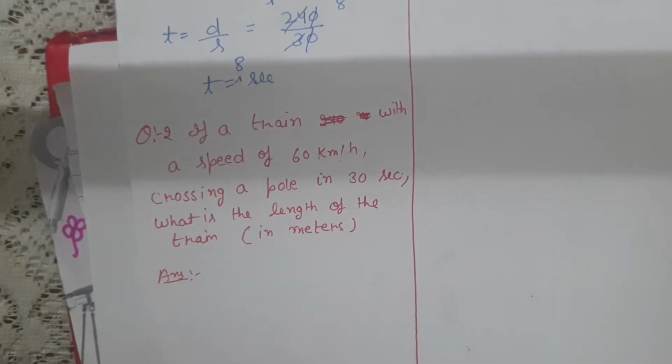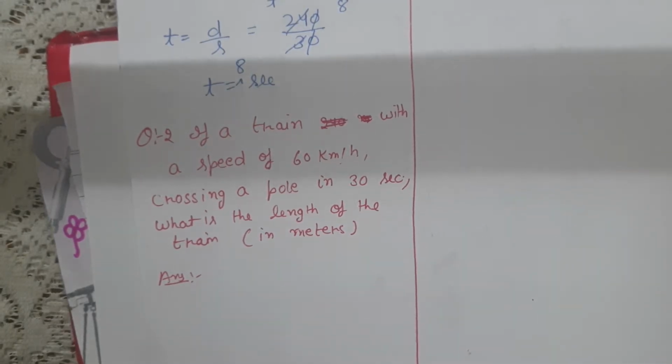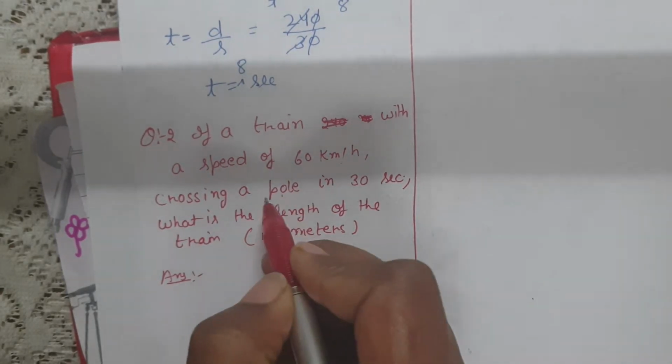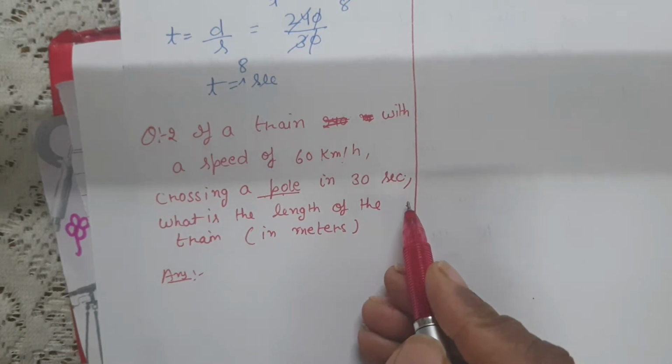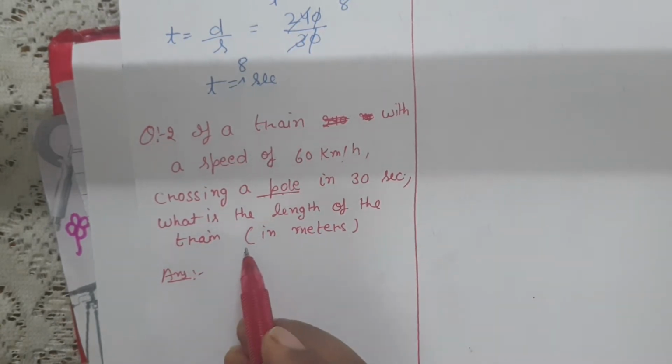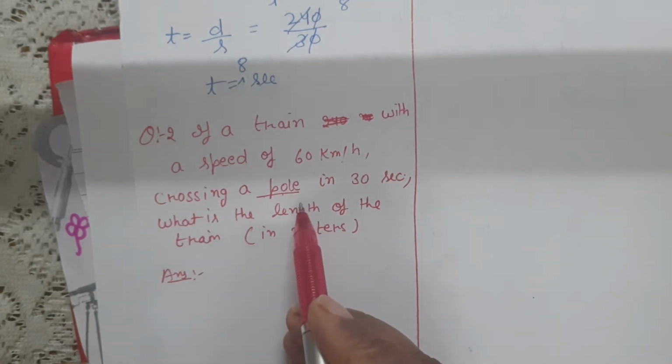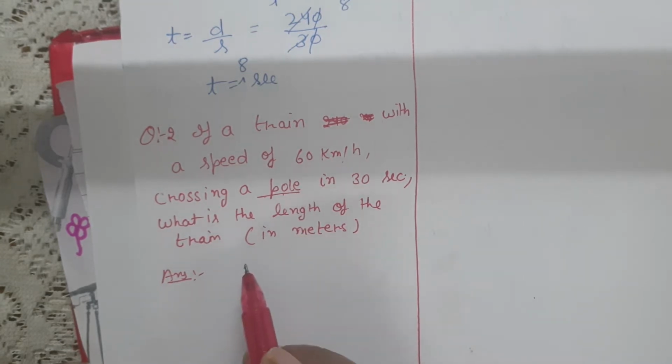Question number 2: a train with a speed of 60 km per hour crosses a pole in 30 seconds. What is the length of the train? We know if a train is crossing a pole, then the distance is equal to the length of the train, so we will find the distance.